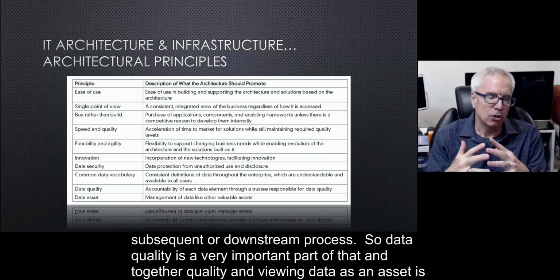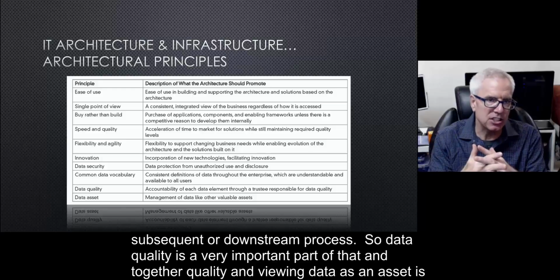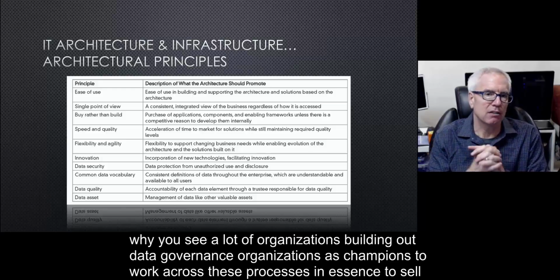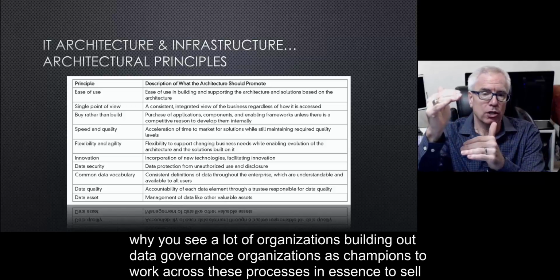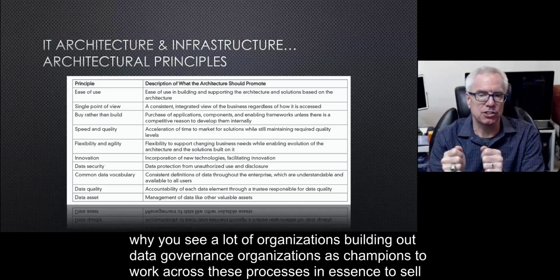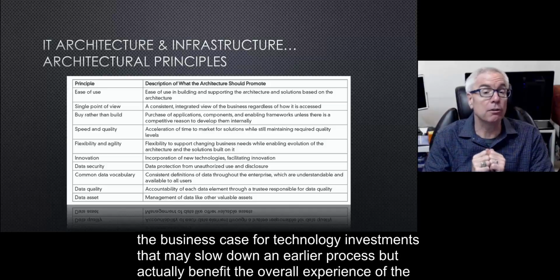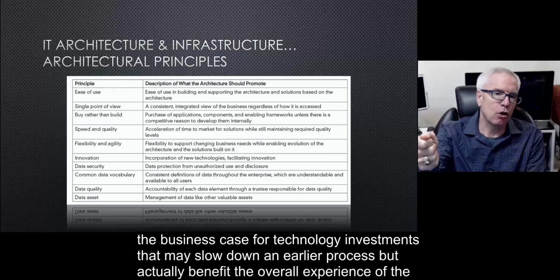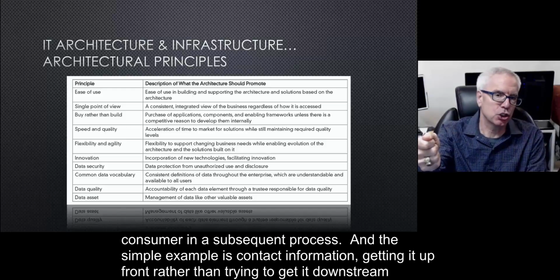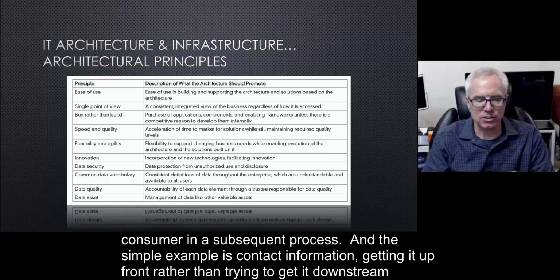And together, quality and viewing data as an asset is why you see a lot of organizations building out data governance organizations as champions to work across these processes, in essence, to sell the business case for technology investments that may slow down an earlier process, but actually benefit the overall experience of the consumer in a subsequent process.